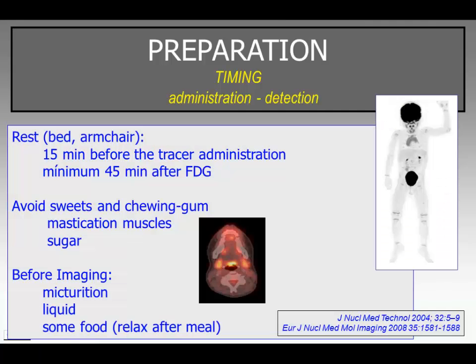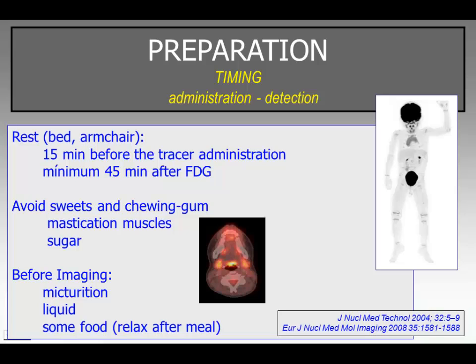For the preparation, the timing before administration and detection: the child has to be placed on a bed or an armchair 15 minutes before the tracer administration, and a minimum of 45 minutes after the FDG administration.